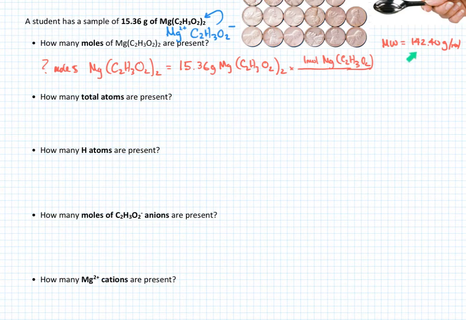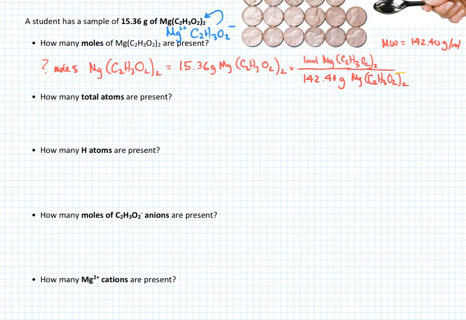we want to turn into moles. That's the conversion factor we're going to use. The molecular weight or the formula weight is 142.40. So 142.40 grams Mg(C2H3O2)2, and I should have a little subscript of 2 up here.